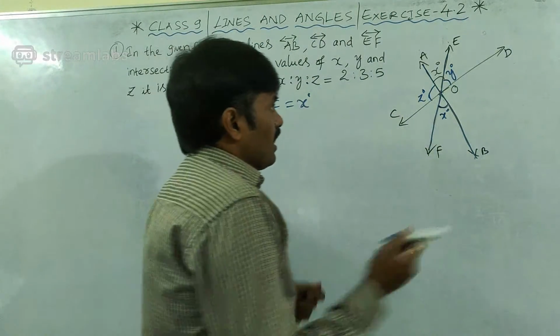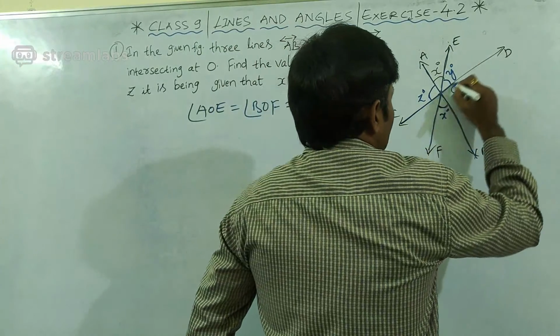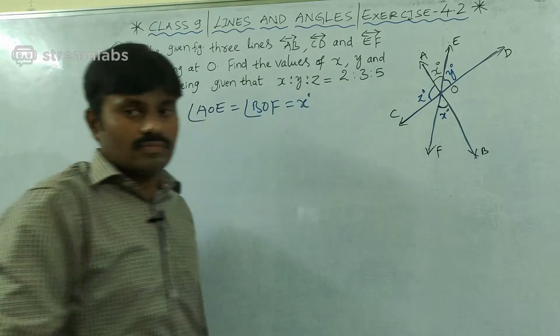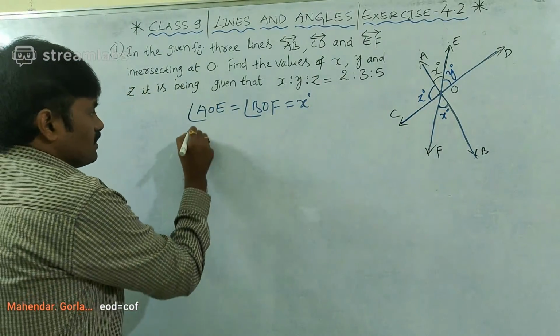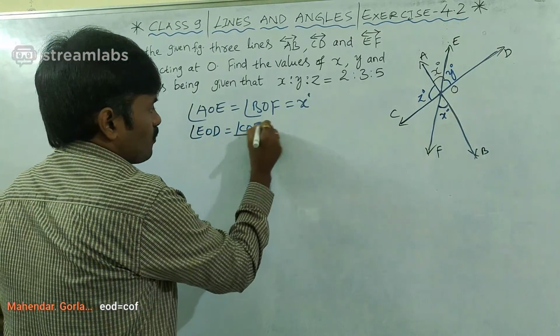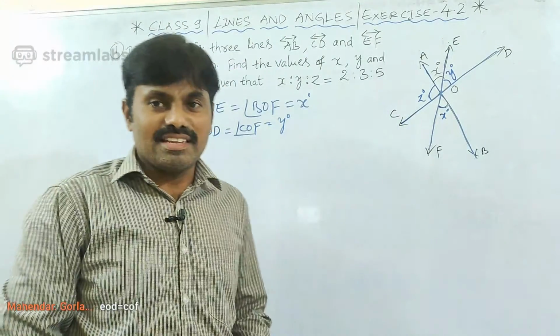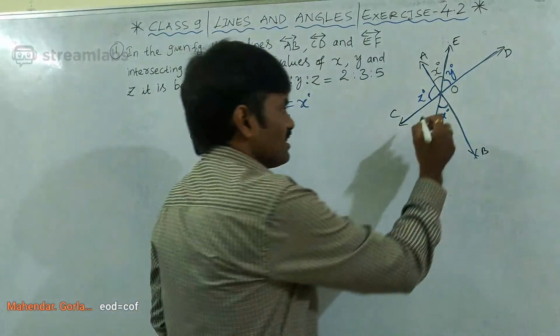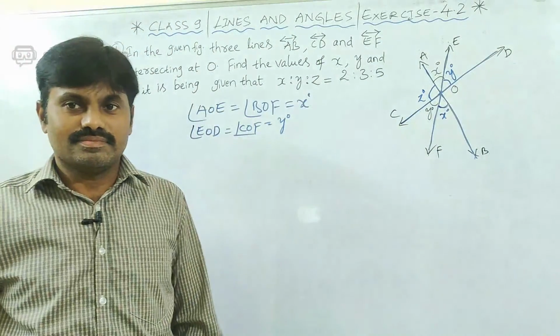Here lines EF and CD are intersecting each other at point O. Then angle EOD is equal to angle COF is equal to y degrees. So what is the measure of angle COF? Yes, that is y degrees.